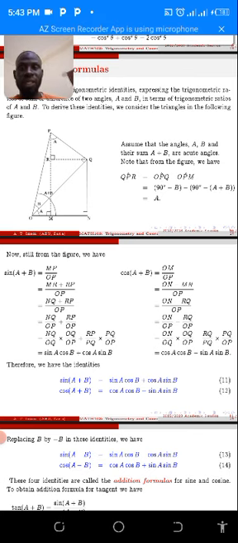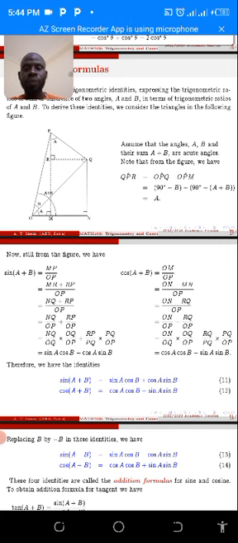The sine function is opposite over hypotenuse, and the side opposite to A plus B is line PM, over the hypotenuse, and the hypotenuse is OP.